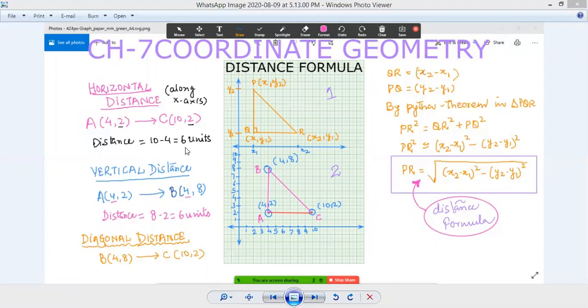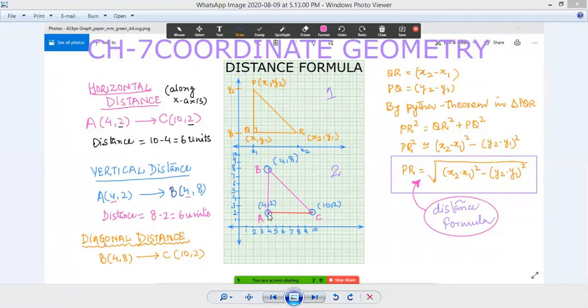And you know children, we never consider negative sign when we are talking about distance. So whether you are subtracting 4 minus 10 or you are subtracting 10 minus 4, you will write down the distance only by the number. You will not use the sign. Sign only indicates the direction in which you are moving. So children, this is 6 units.